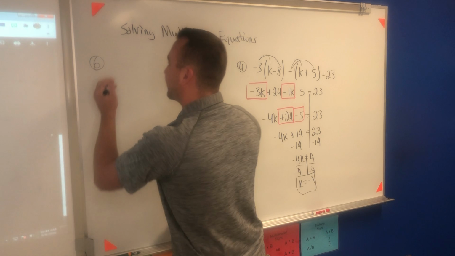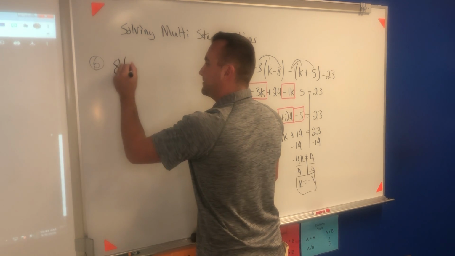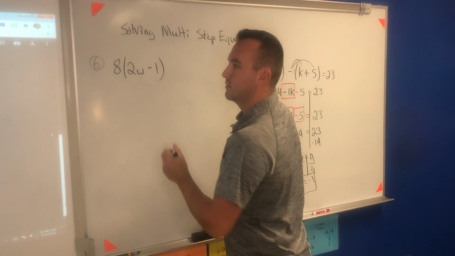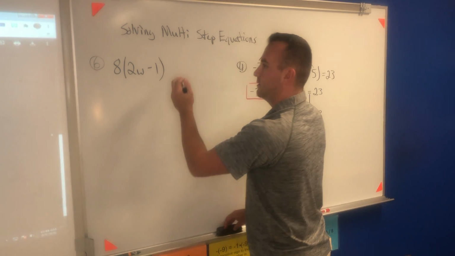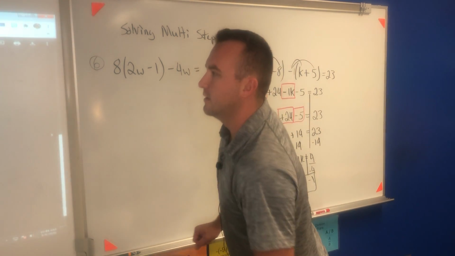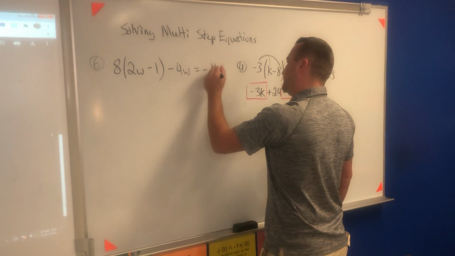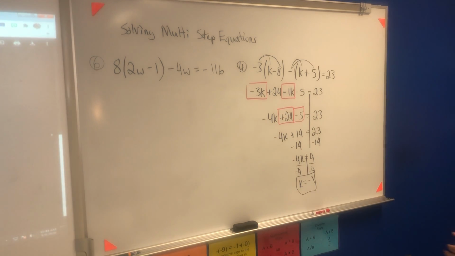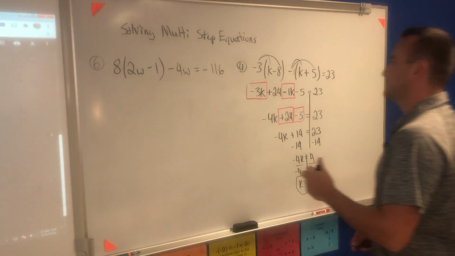Number 6, we've got 8 parentheses 2w minus 1 minus 4w equals negative 116. Okay. Step 1, distribute if we need to. We have to.